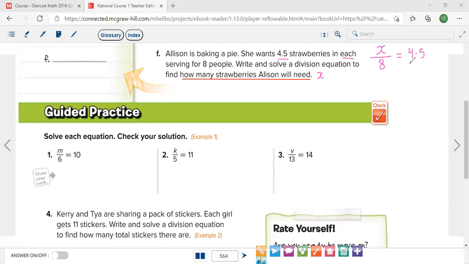So now we formed our equation, we can multiply. So here x will be 8 multiplied by 4.5.